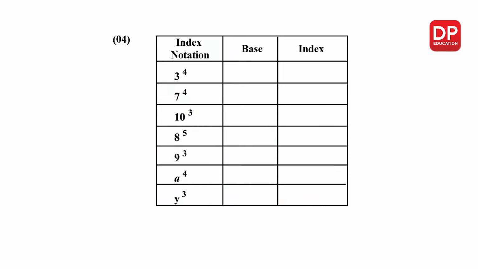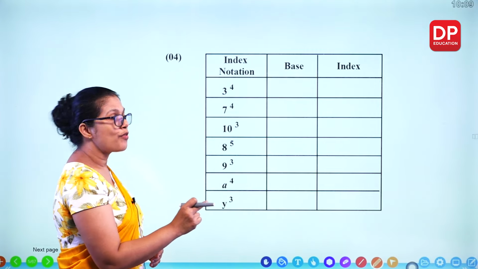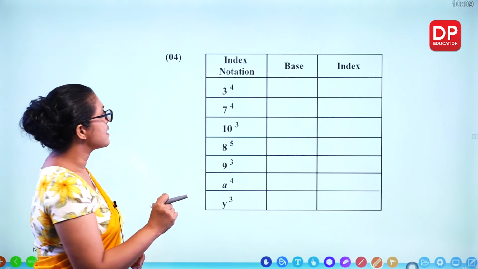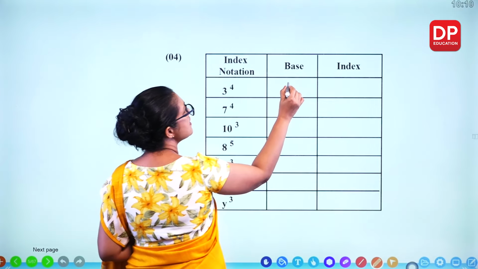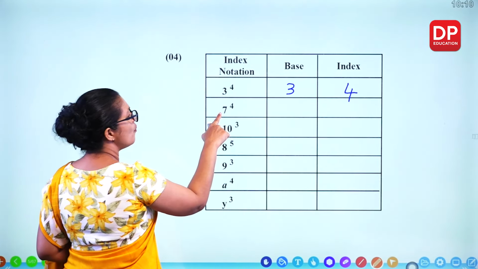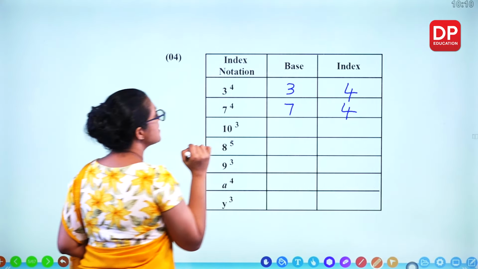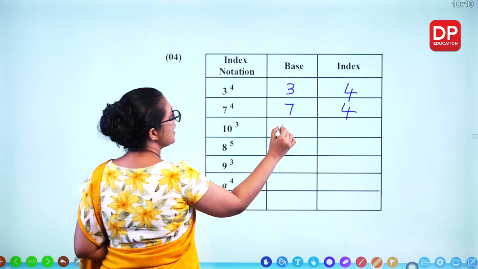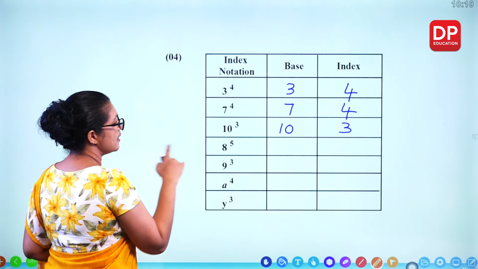Now you have given the index notation and you are asked to write down the base and the index. So what's the base? Base is 3 here. What's the index? 4. When you take this one, base is 7, index is 4. Here base is 10, index is 3.